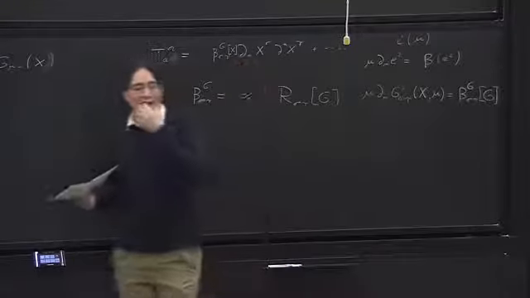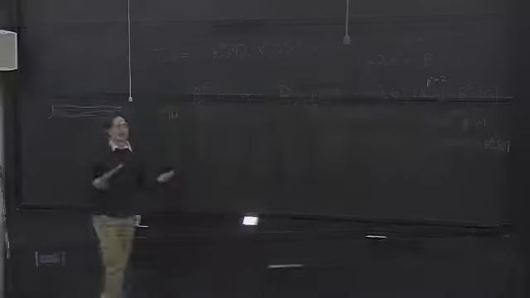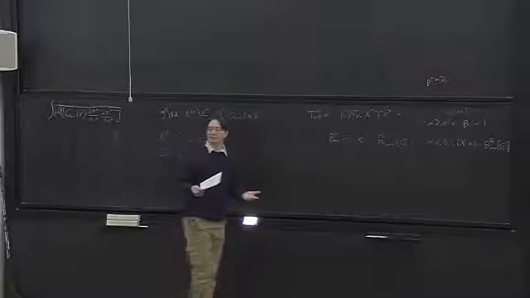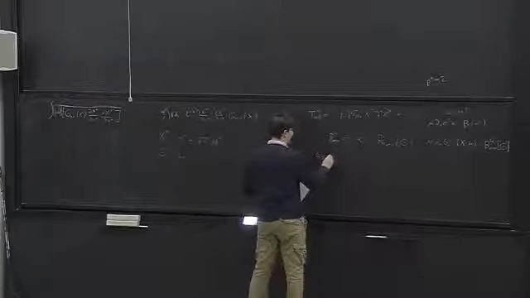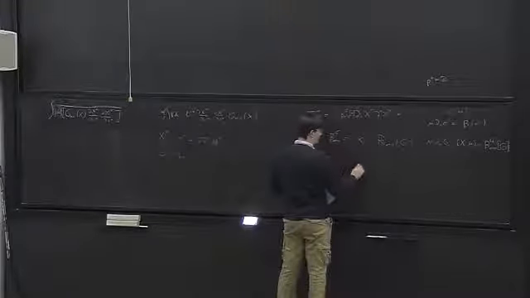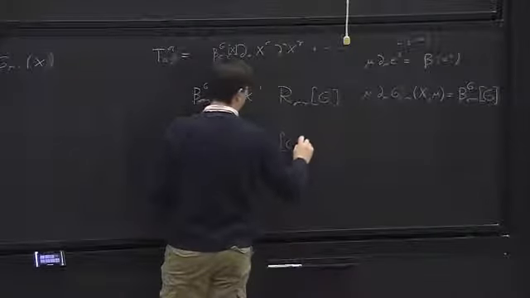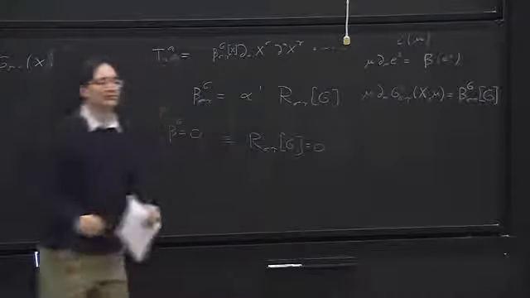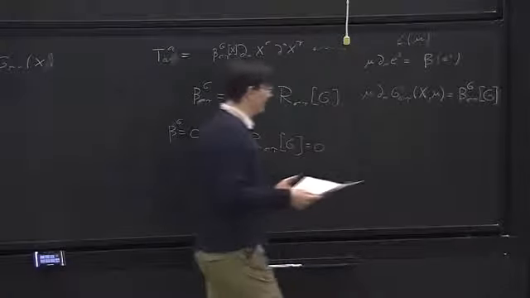So at leading order, a string can propagate in space-time only if the space-time satisfies Einstein's equations. Vanishing of the beta function for this coupling is the same as Einstein's equation for the metric in the vacuum. So things are actually consistent.